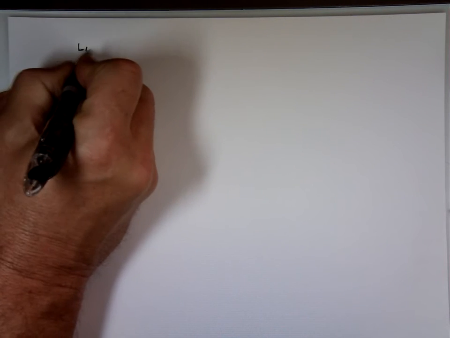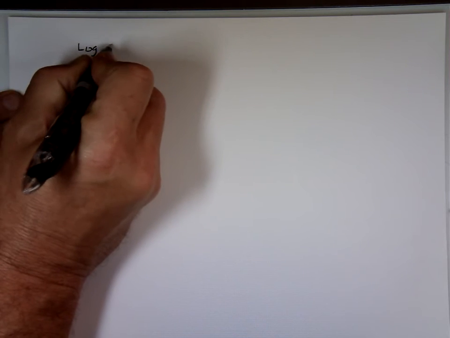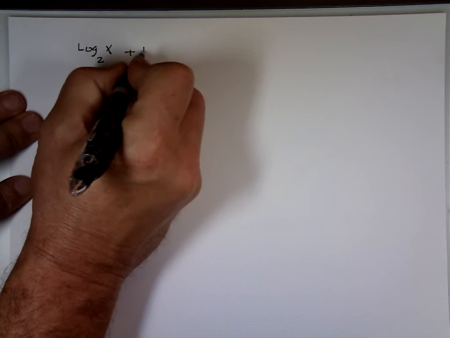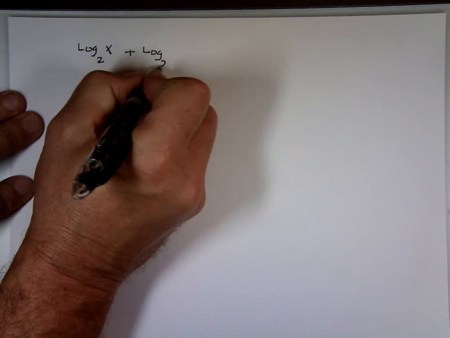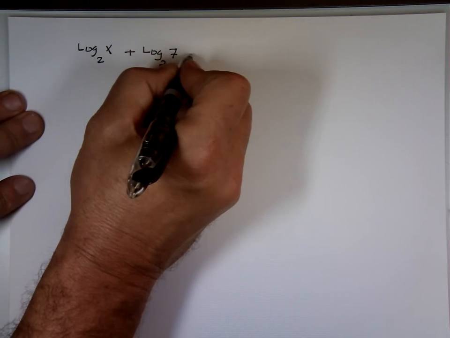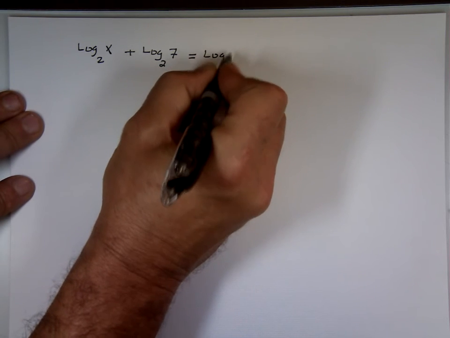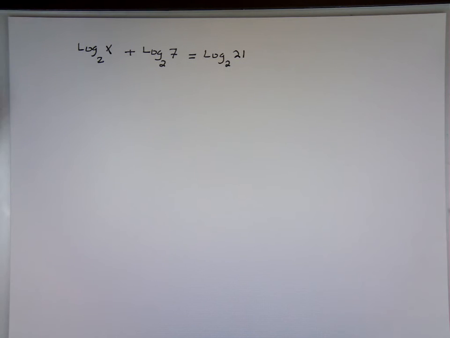Let's say I have log base 2 of x plus log base 2 of 7 equals log base 2 of 21. Really doesn't matter what the base is here. This is different than the previous one. Why?